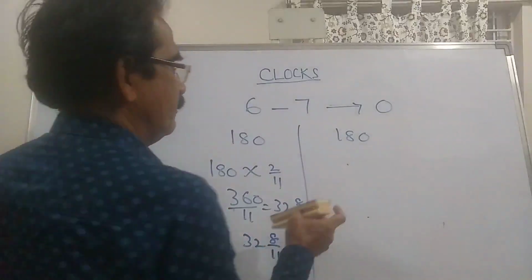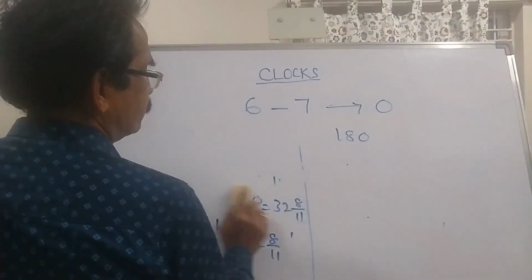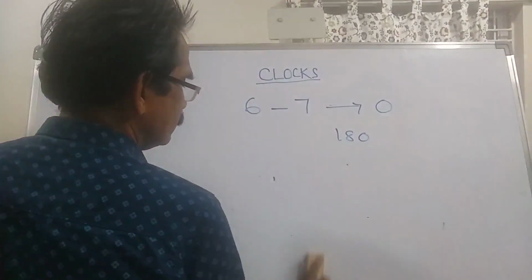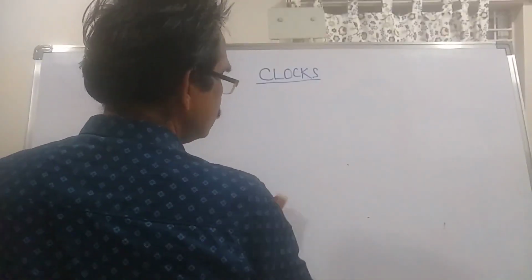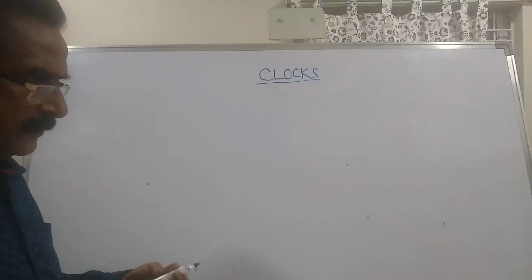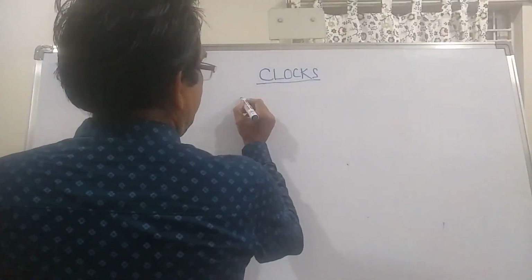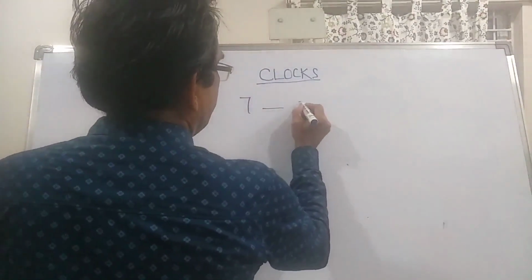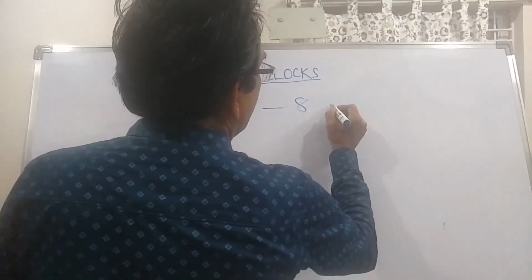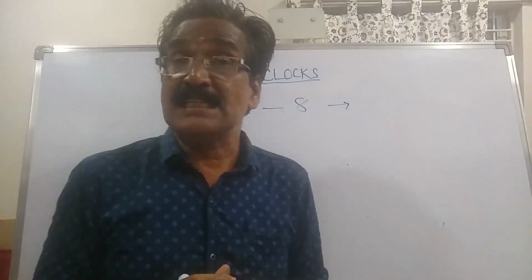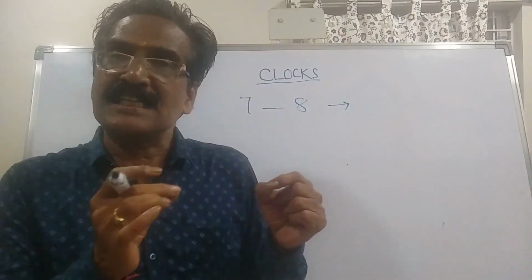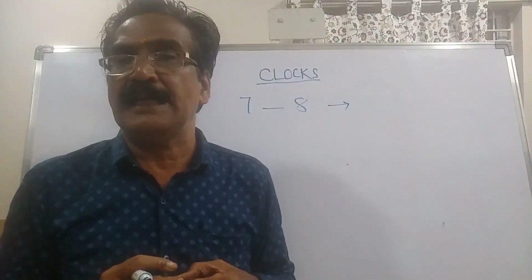Okay friends, let us see one more example. Between 7 and 8, at what time will the hands be in a straight line?